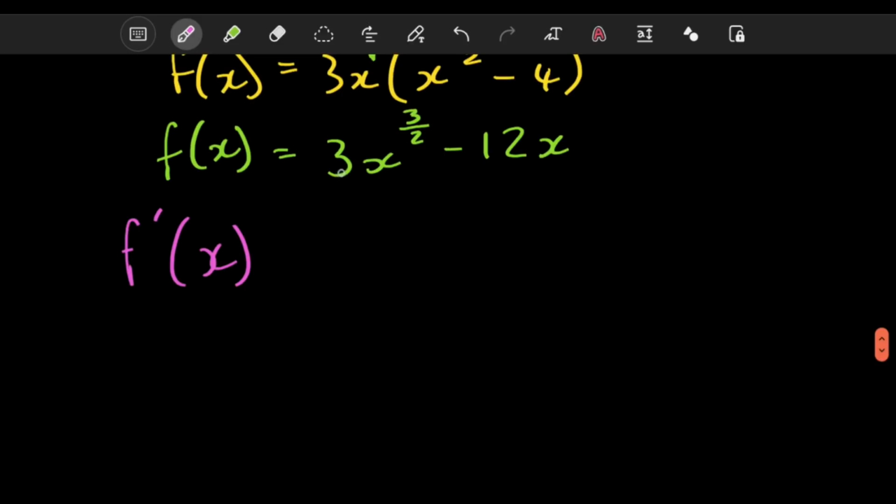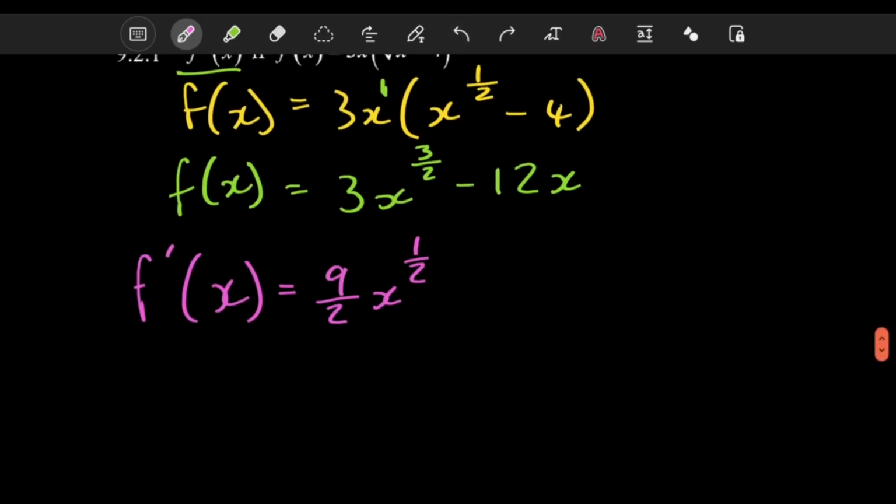You see, this times the value here is just going to give us 3 over 2 times 3, that's just 9 over 2, and then this minus 1 just gives us a half. And then here we have 1 times a negative 12, that's just a negative 12, and then 1 minus 1 here is just going to be a 0.